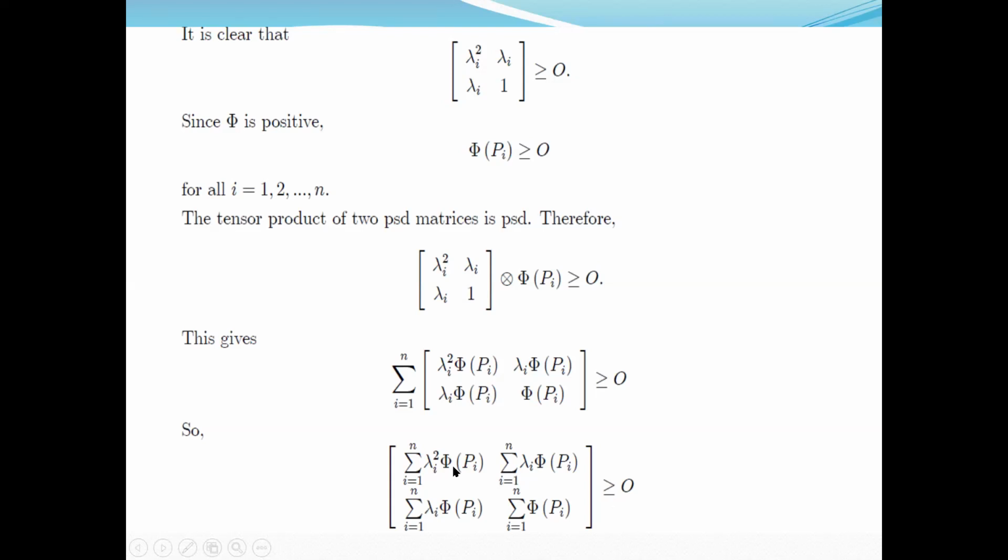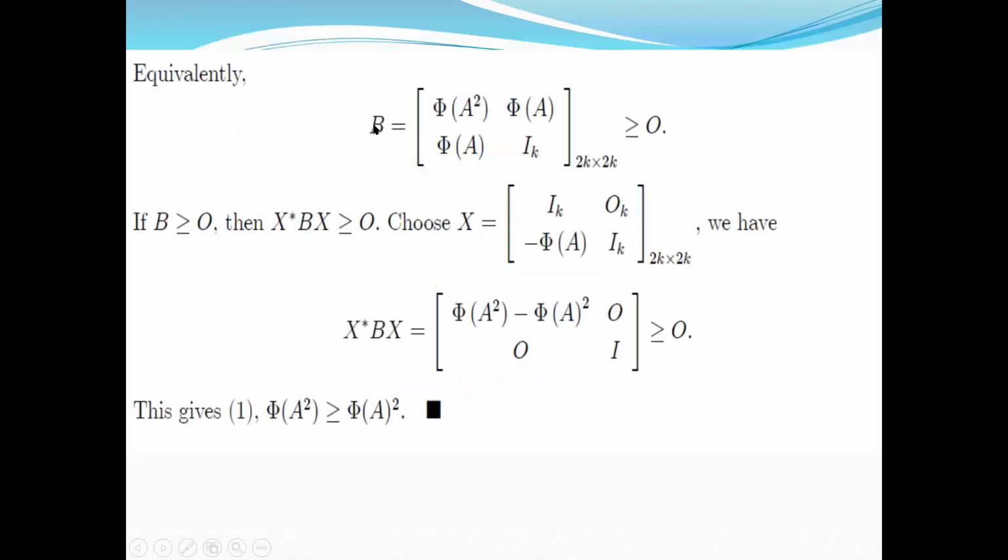Now this is phi of A square, this is phi of A, this is phi of A, and this is identity. So we have that this matrix is positive semi-definite. Now use this fact: if a matrix B is positive semi-definite, then X star BX is also positive semi-definite.